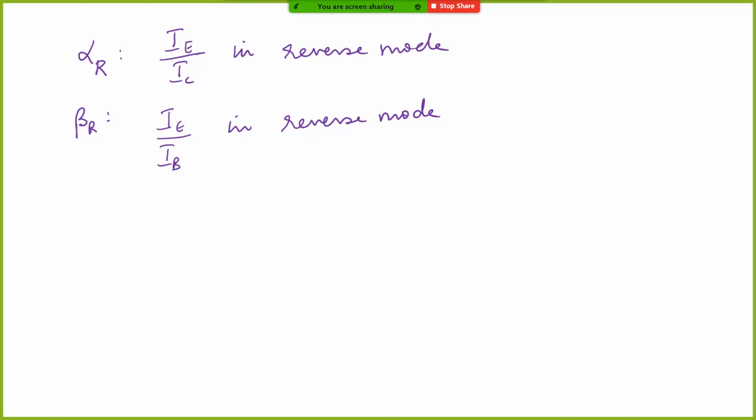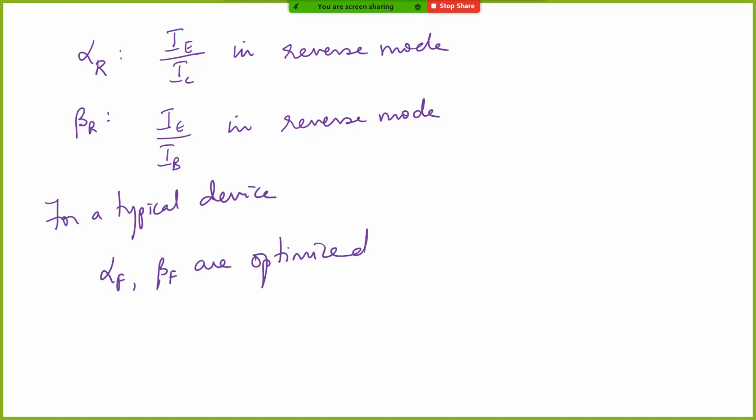Now if you define this alpha R and beta R, for a typical device, alpha F and beta F are optimized.